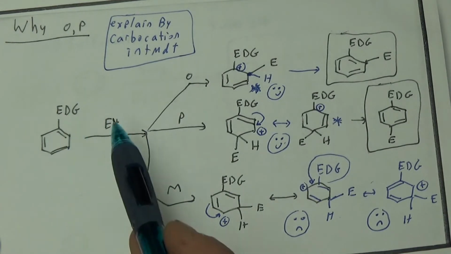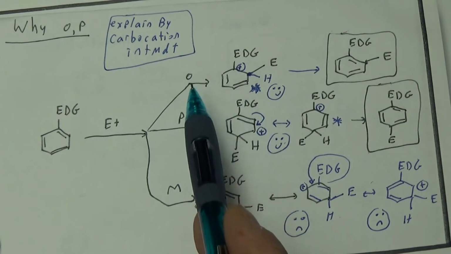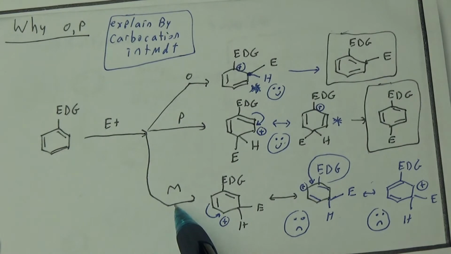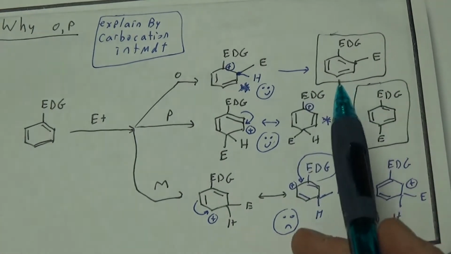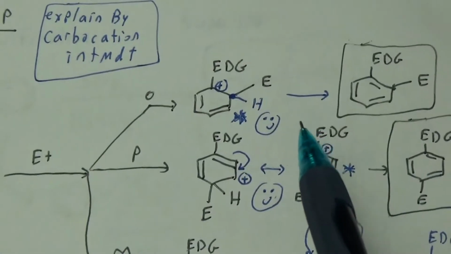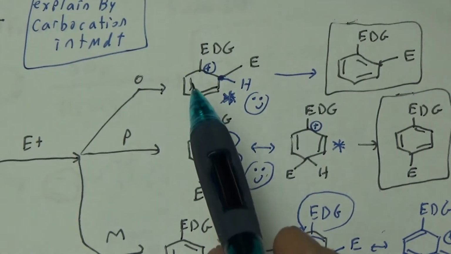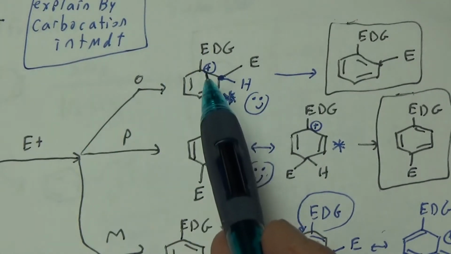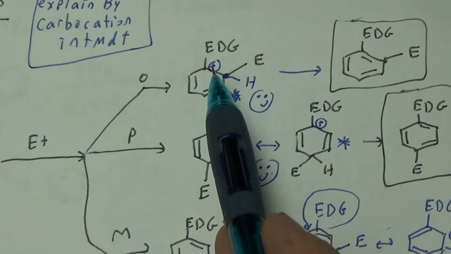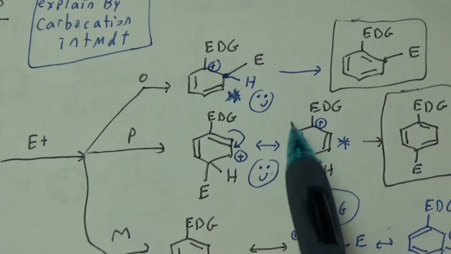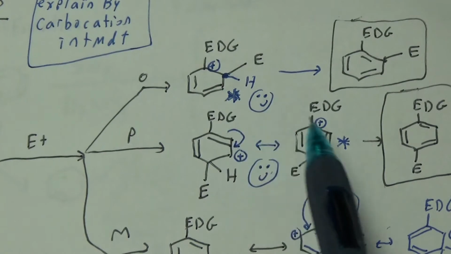If you have a donating group and you react with an electrophile, the benzene attacks the electrophile and can go to the ortho, the para, or the meta positions. I talked about this last time. And then the issue is some of these carbocations are more stable. At the ortho position, the carbocation is directly next to a donating group. That's a really nice interaction.